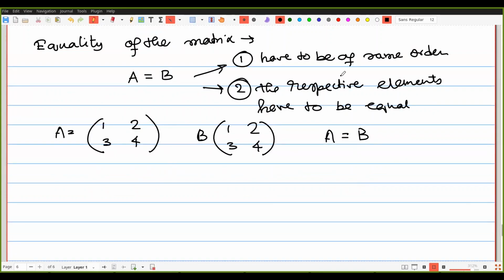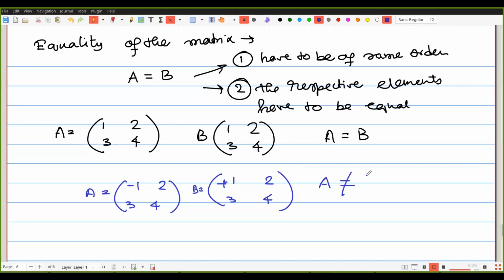Suppose in place of that we are writing A is equal to -1 2 3 4 and B is equal to -1 2 3 4. So that is equal. But if, in place of -1, we are putting +1 in the matrix B, we may say A is not equal to B. If even one positional element value differs from the other, we cannot say the equality holds between the matrices.